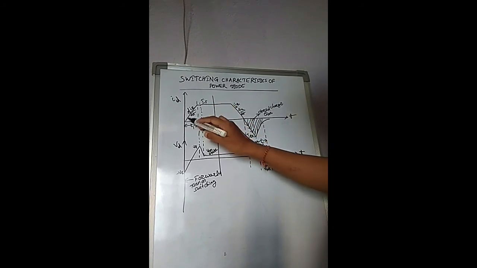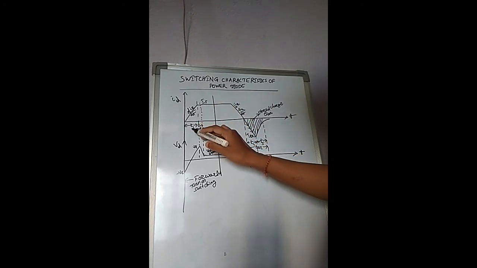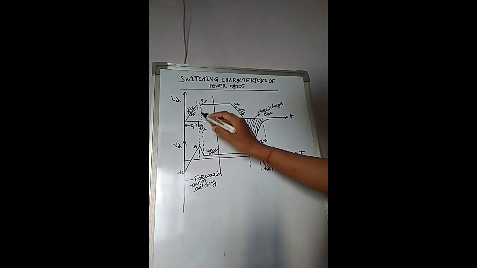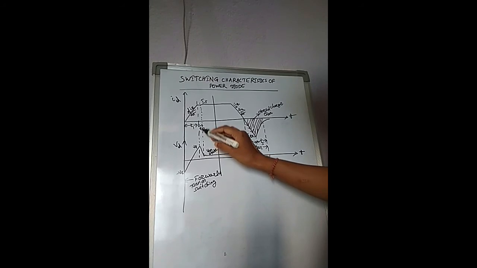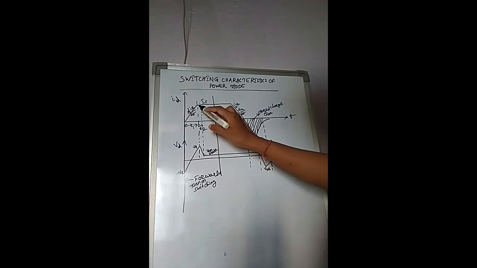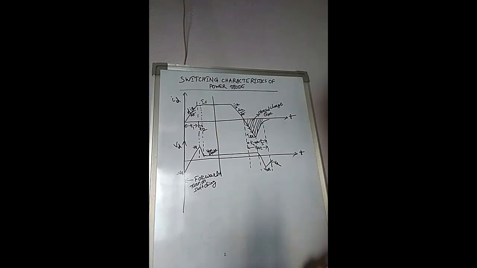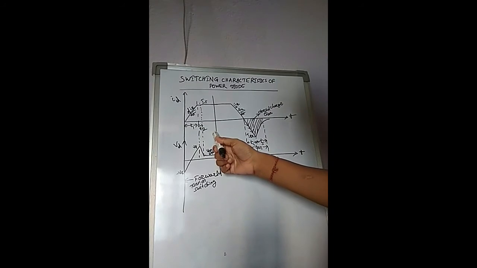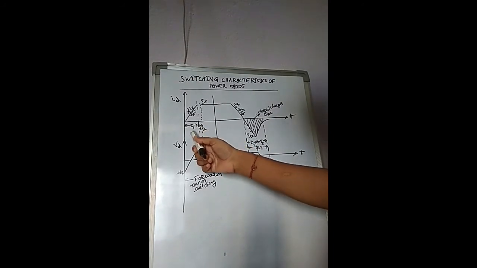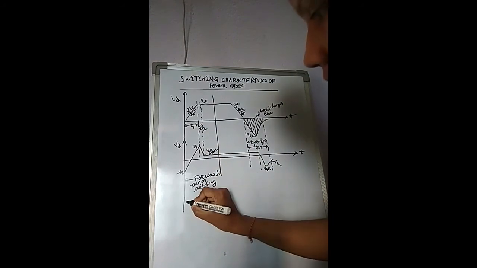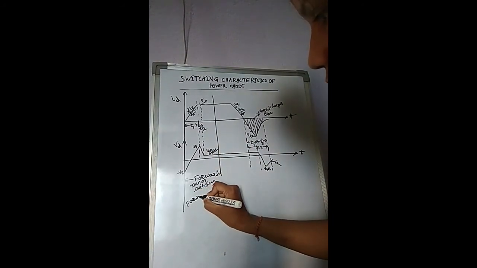So the diode current rises rapidly in the duration T1, and after this T1, during the time T2, the forward diode current remains constant. So this T1 and T2 is represented as the forward recovery time. T1 plus T2 gives you the forward recovery time.